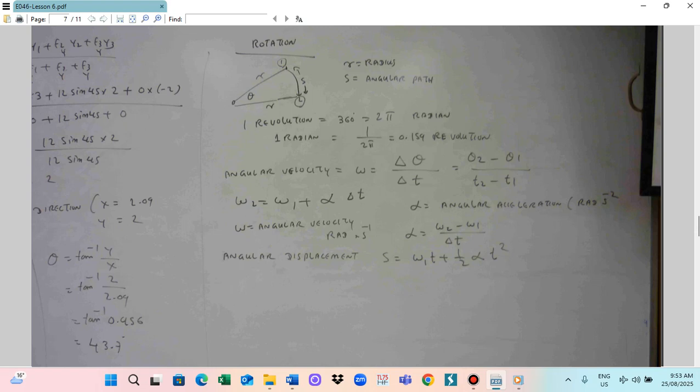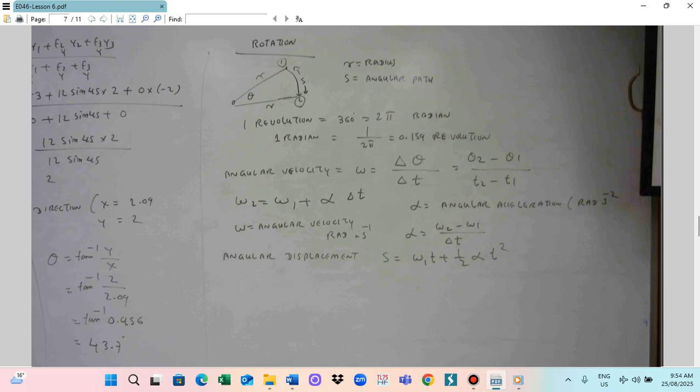Angular velocity is radian per second. Angular acceleration is radian per second squared. We can also calculate W2 minus W1 divided by t. So this is angular acceleration.